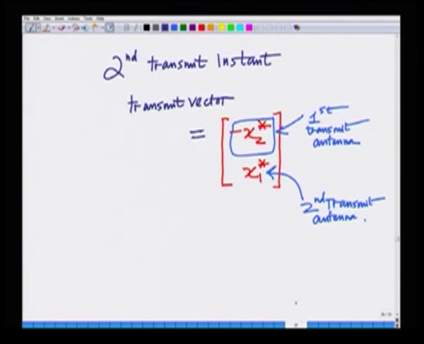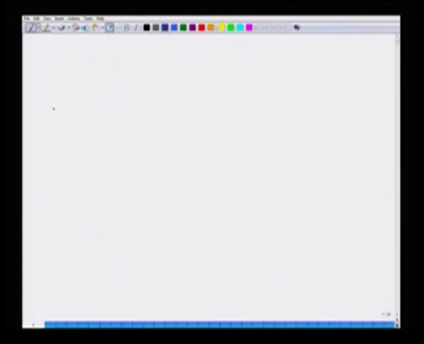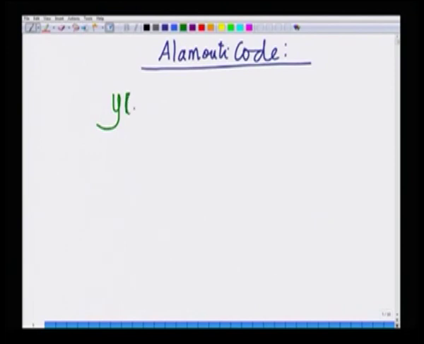Since I was short of time last time, let us go over this again, so as to enhance our understanding. So, the Alamouti code, this is the 1x2 system.